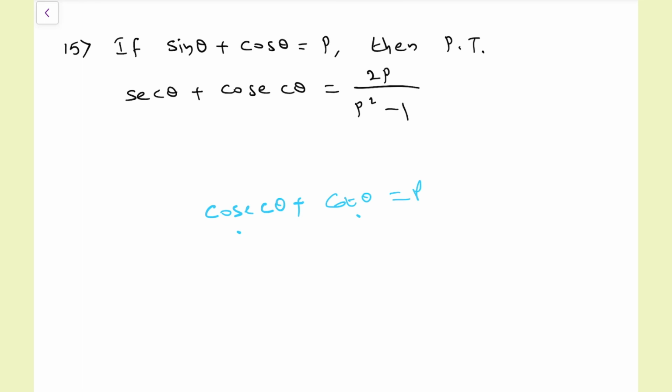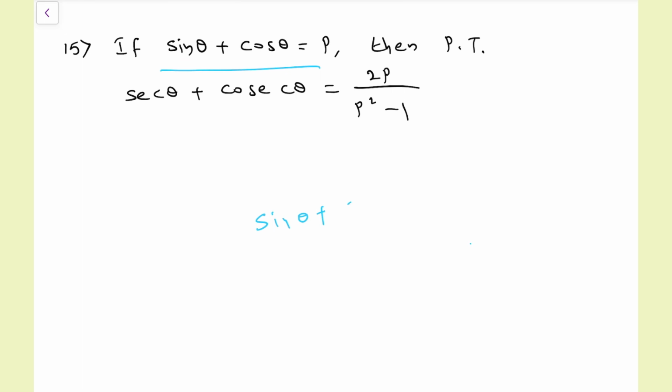Related to cosec and cot, we have one identity, cosec square theta minus cot square theta. This is in the form of a square minus b square, so we solved it in that way. But coming to this question, here we have sin theta plus cos theta.